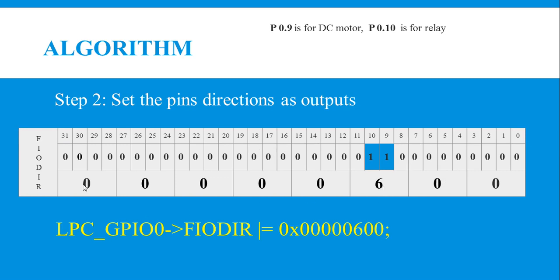Therefore the corresponding value is 0x00000600. This hexadecimal value should be ORed with the original content of the direction register, so that only the desired pins will change as output pins, whereas the rest of the pins of port 0 don't change their direction.